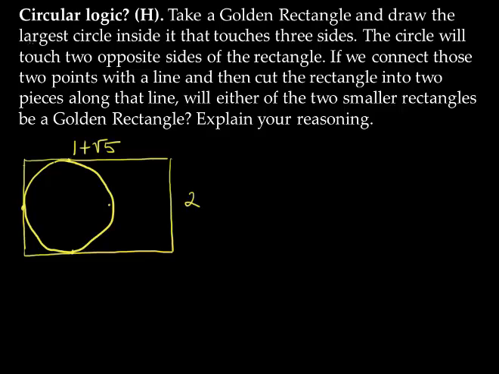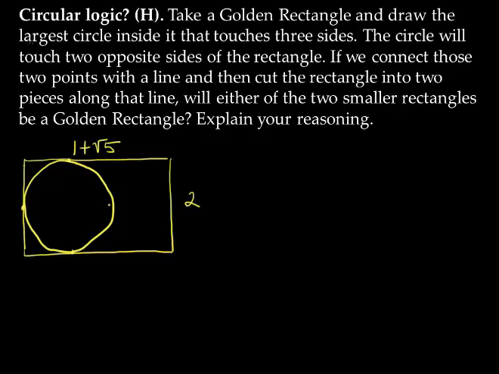Okay, so if we connect those 2 points where the circle touches opposite sides of the rectangle with a line and then cut the rectangle into 2 pieces along that line, will either of the 2 smaller rectangles be golden?